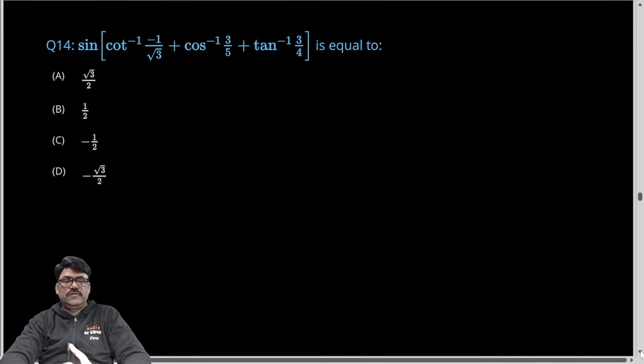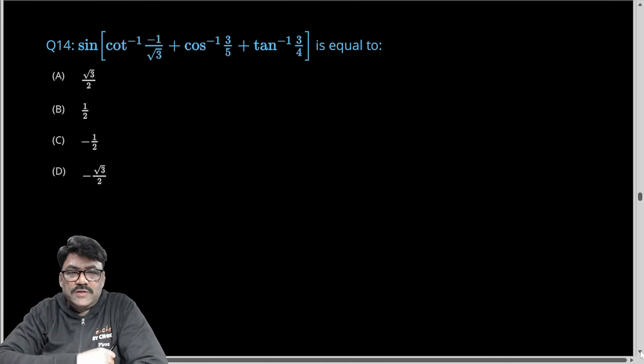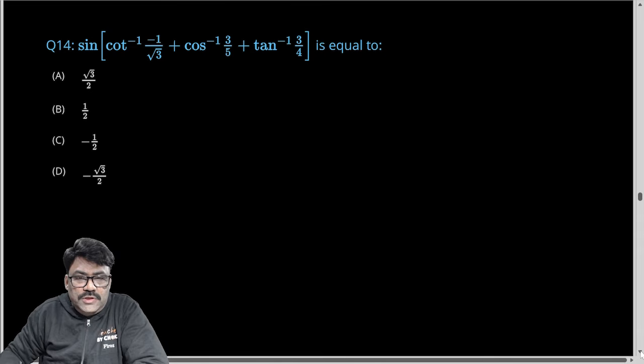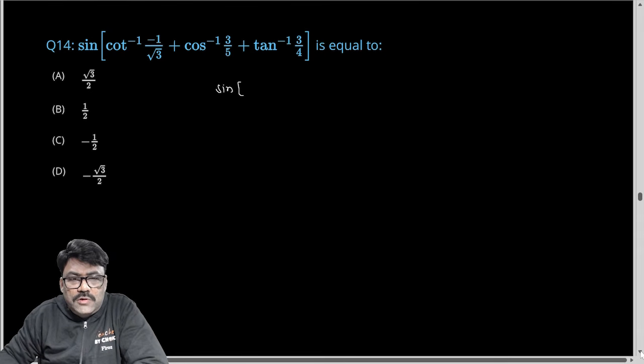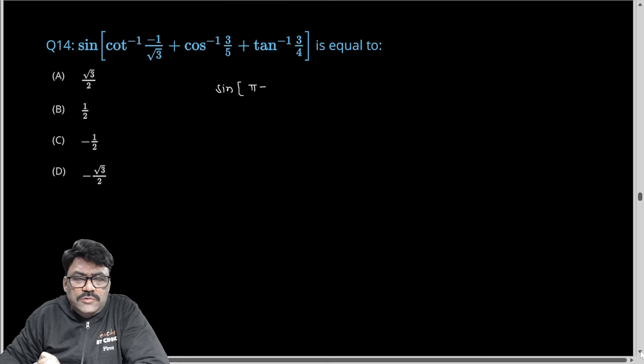See this question. This is from inverse trigonometric functions. So it is sine of cot inverse minus 1 by root 3, which is nothing but pi minus cot inverse 1 by root 3. And you know that cot 60 degree will be 1 by root 3. So cot inverse 1 by root 3 is 60 degree, which is pi by 3.